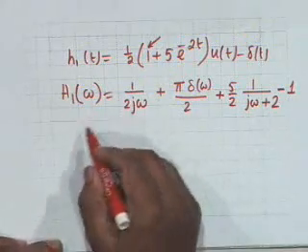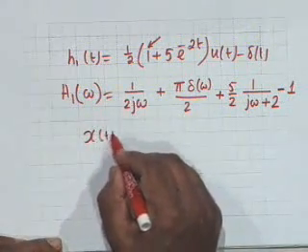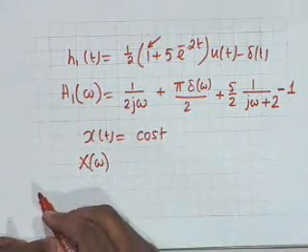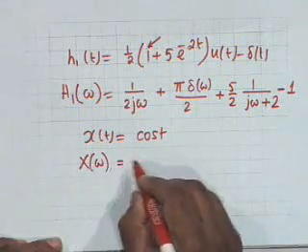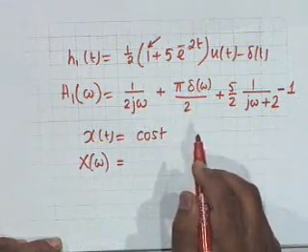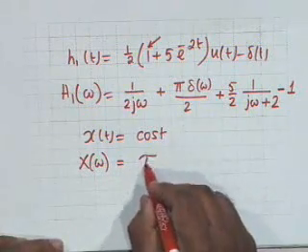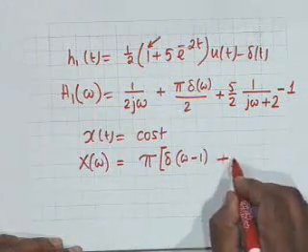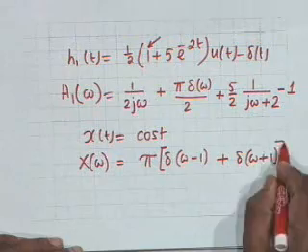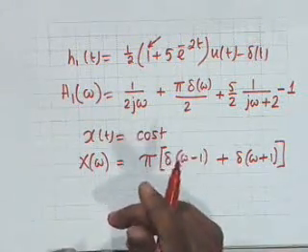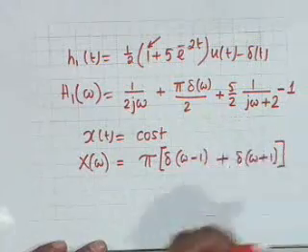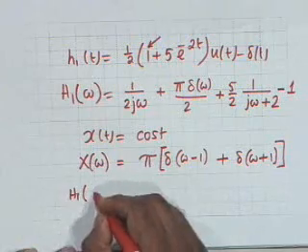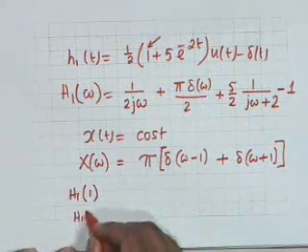And therefore you also notice that the input x(t) is cos t, therefore capital X(ω), the Fourier transform of cos t, is simply half times 2π, which means π[δ(ω - 1) + δ(ω + 1)], and therefore the only two frequencies involved are ω = 1 and ω = -1, and therefore all I need is H1(1) and H1(-1).